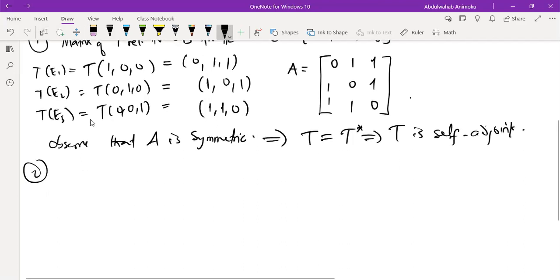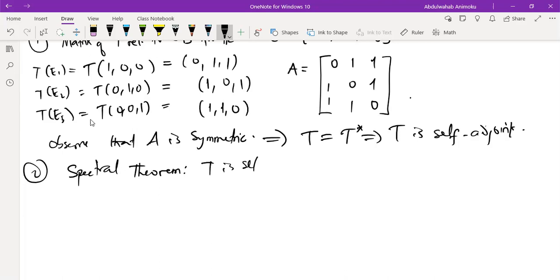Now, let's talk about the theorem, which is the spectral theorem for linear transformations. What this theorem says is that when we know that T is self-adjoint, we will know this to be true: if T is self-adjoint, this implies that T is diagonalizable.